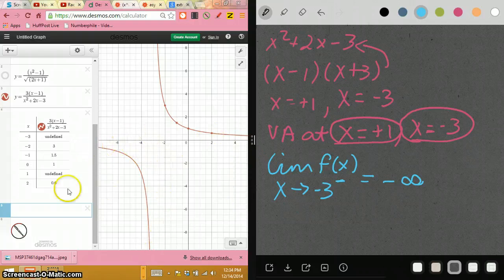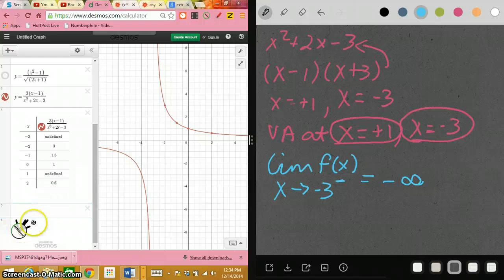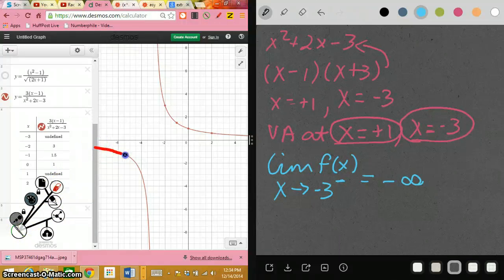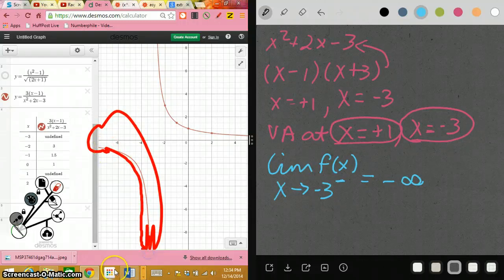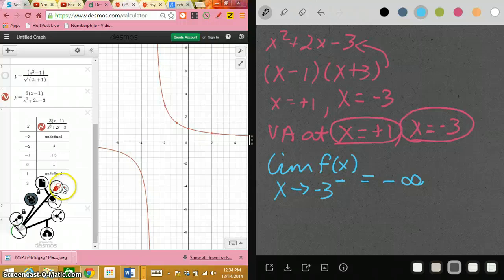Okay, so that's this one right here. Let me see if I can highlight this here. If we're approaching it this way, it goes down to the negative side, okay?